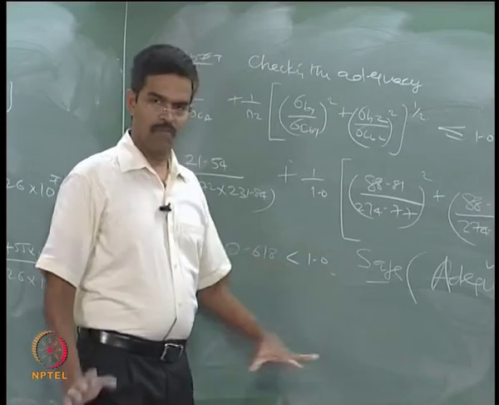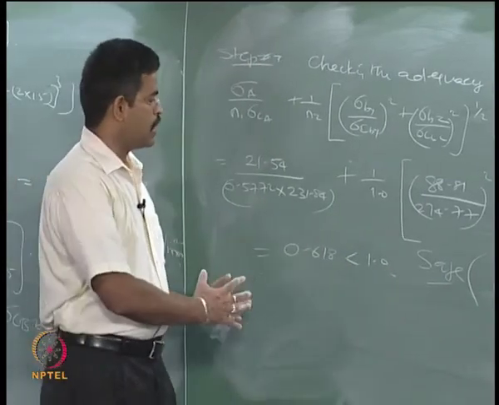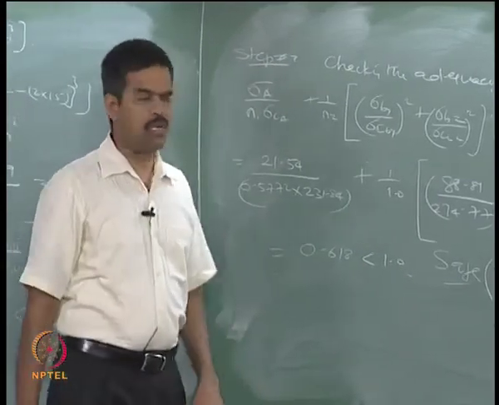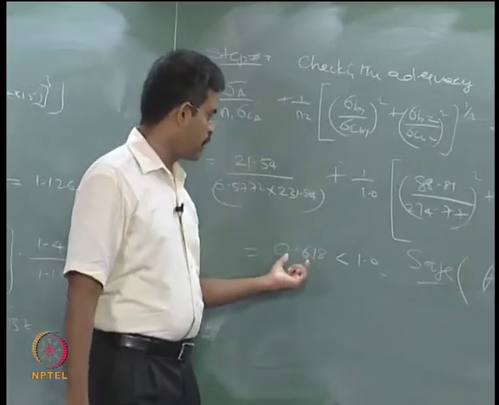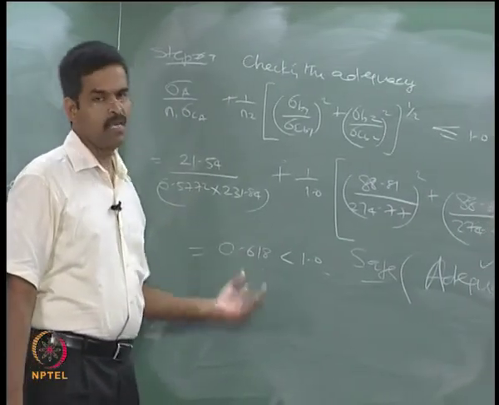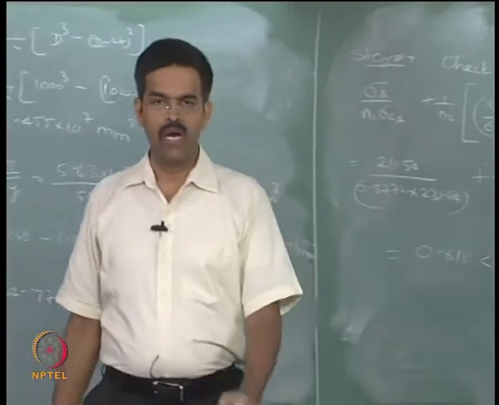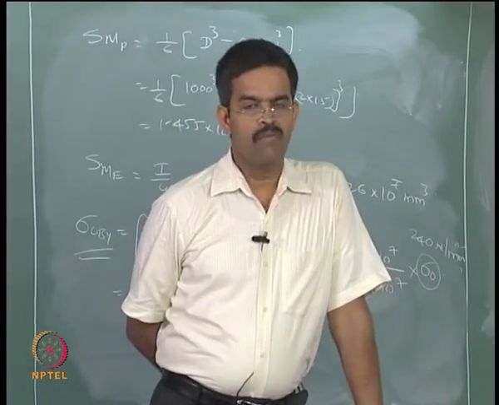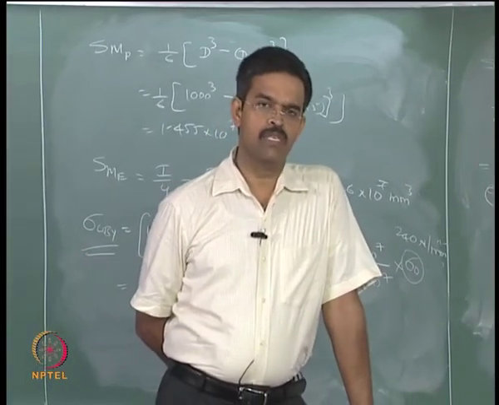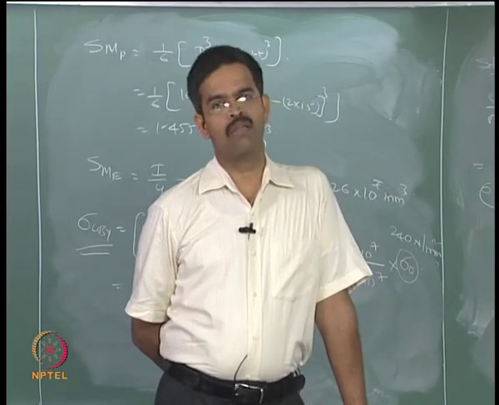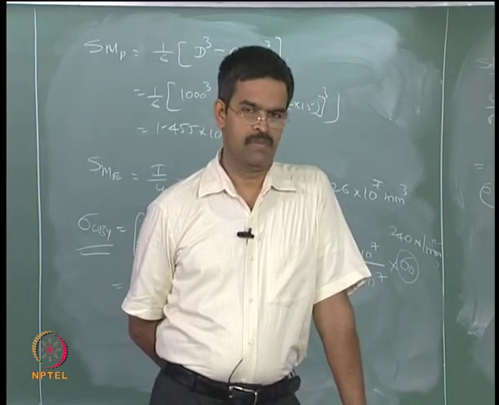Once it is safe, we consider that buckling will not occur and the section will be safe under the combined action of axial compression force and bending. So we check only the adequacy, and that is where we overrule certain uncertainties inherent in the design process.